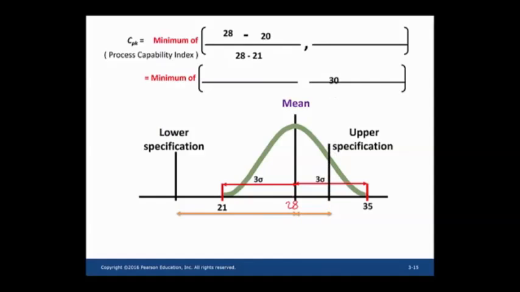Upper specification is 30 minus mean is 28, and this 3 sigma is basically 35 minus 28. So the first ratio is 8/7 and the second ratio is 2/7. So this first ratio is greater than 1. This one is less than 1. Since the second ratio is less than 1, the process is not capable.